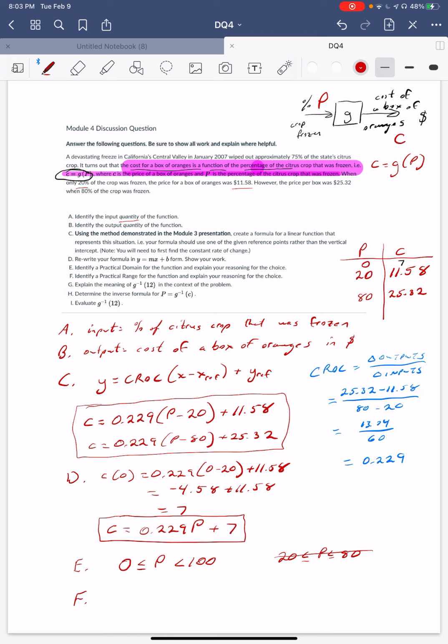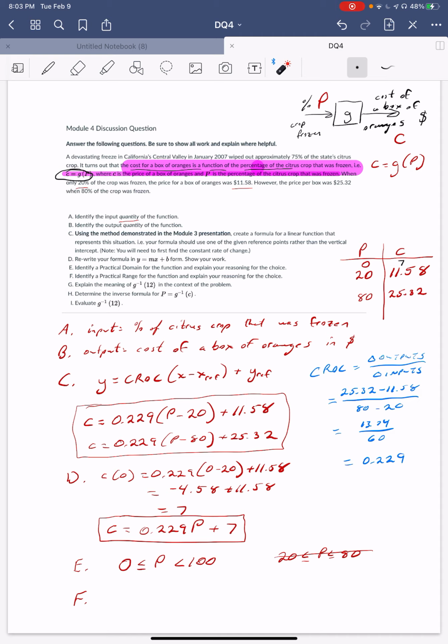And the range are all the outputs. So remember, we have this function right up here, where we're taking the percent of the crop frozen, and then the function will determine the cost of the price of oranges. So our output is dependent on our input.